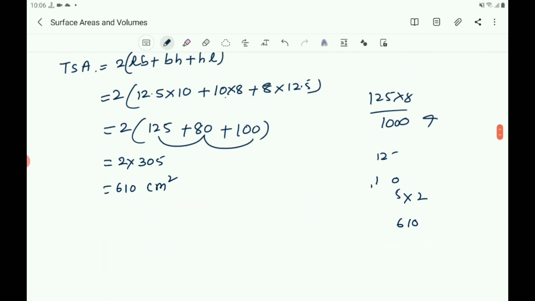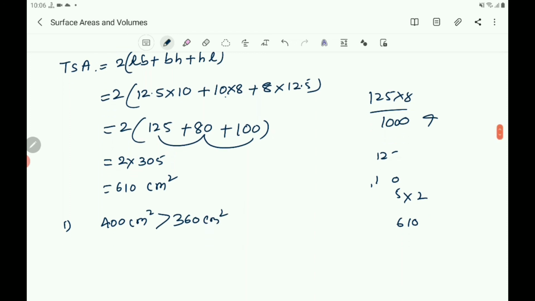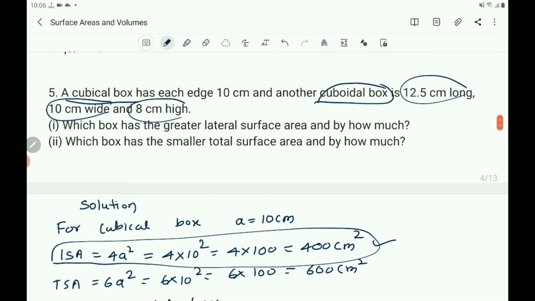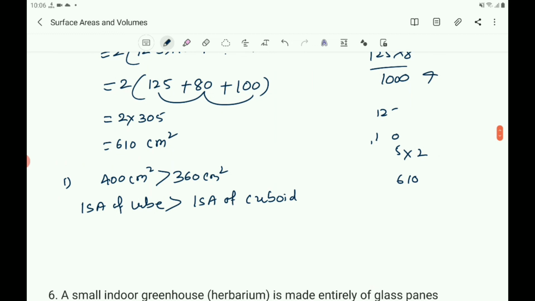So you write for the first answer: 400 cm square is greater than 360 cm square. That is, LSA of cube is greater than LSA of cuboidal box.